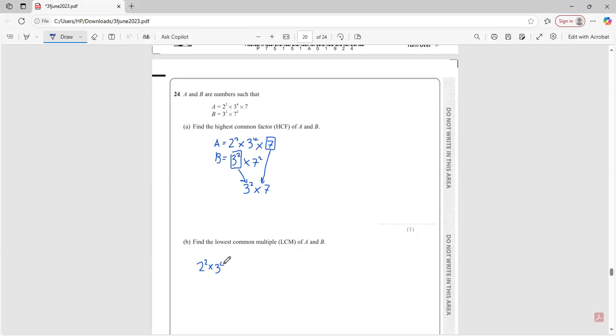So in this case now we're looking for the biggest ones, right? 2 squared multiplied by this and then multiplied by 7 squared, right? Yes. Okay, I agree with that.